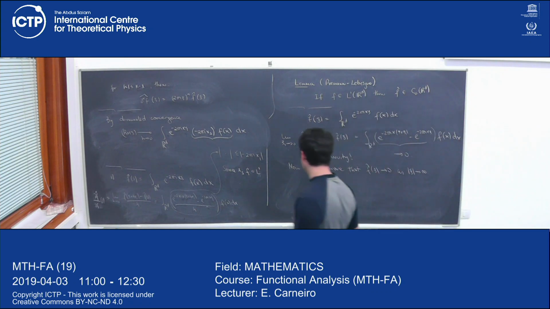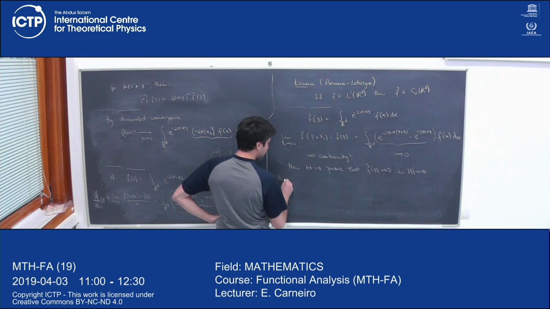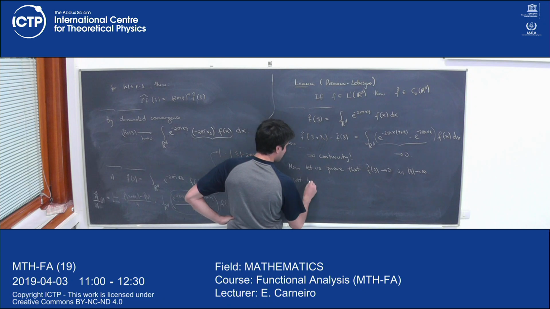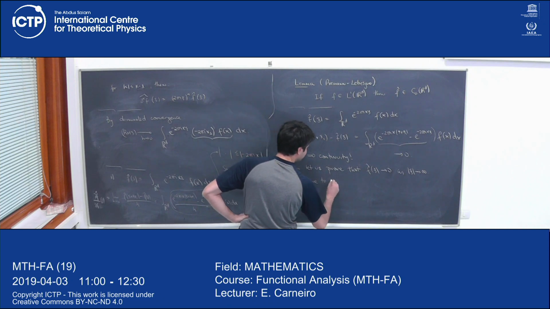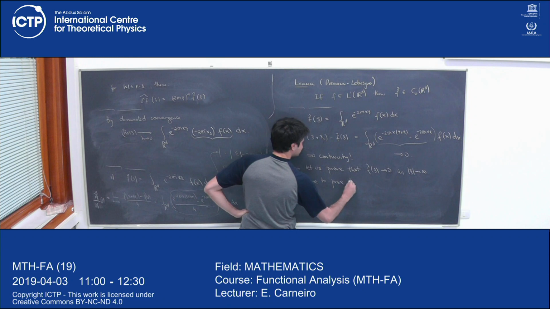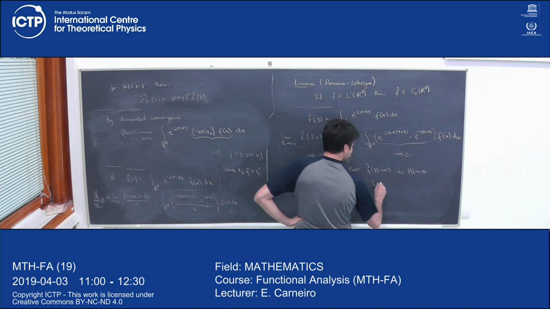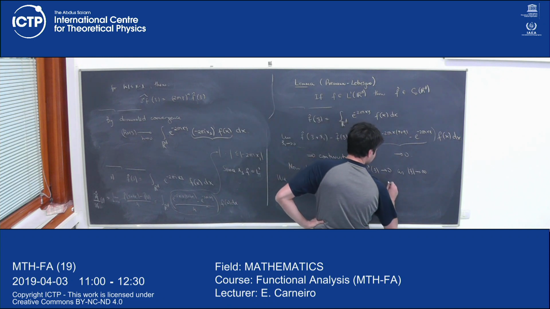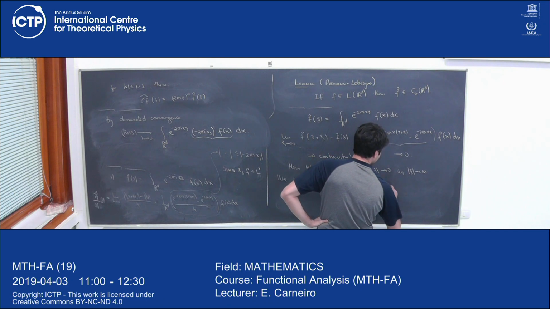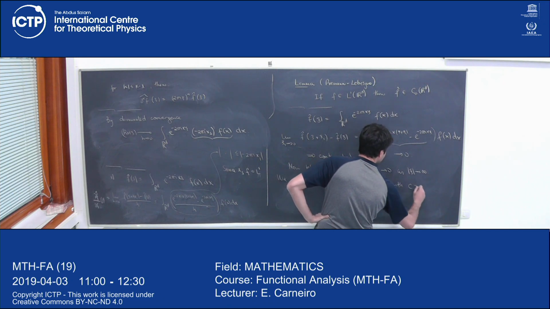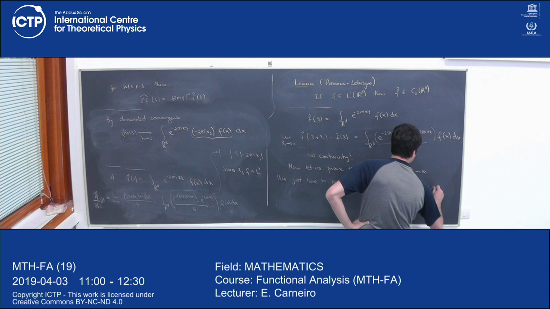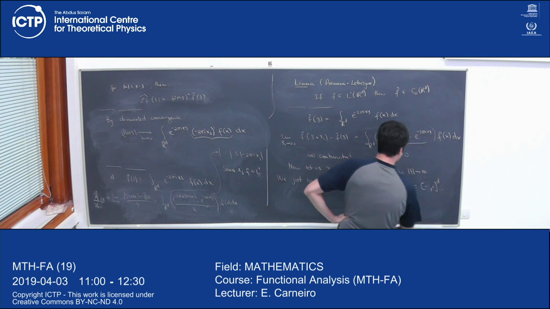Okay? So we just have to prove it for the characteristic function of the cube. Let's say the cube C being, I don't know, minus 1 to 1 to the d.